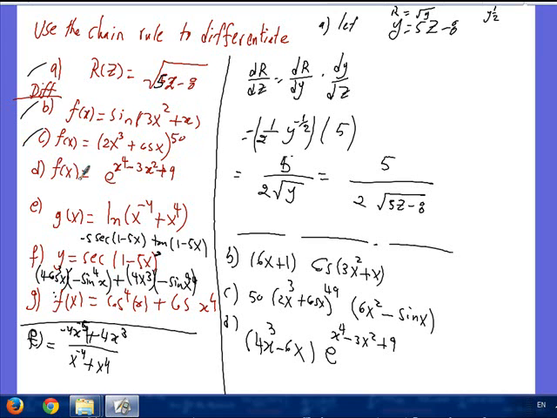F of x equals e to the power x to the power 4 minus 3x squared plus 9. G of x equals ln of x to the power negative 4 plus x to the power 4. F of x equals sec of 1 minus 5x. F of x equals cosine to the power 4x plus cosine x to the power 4.